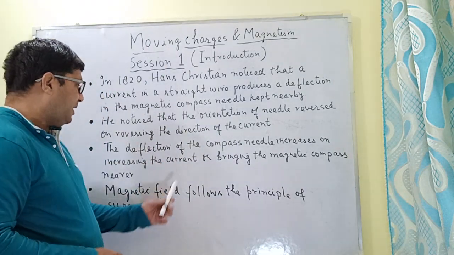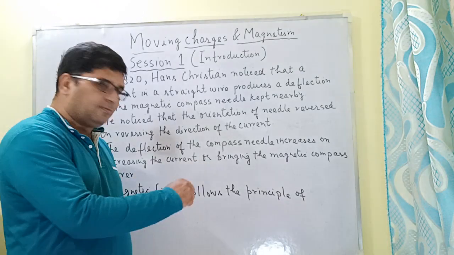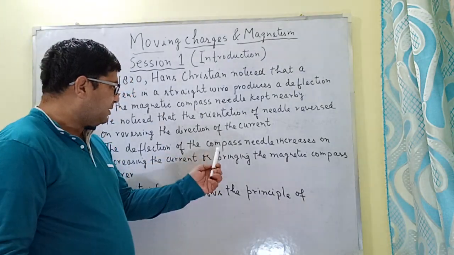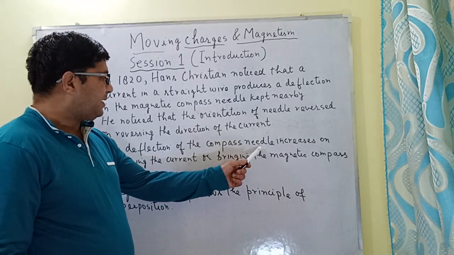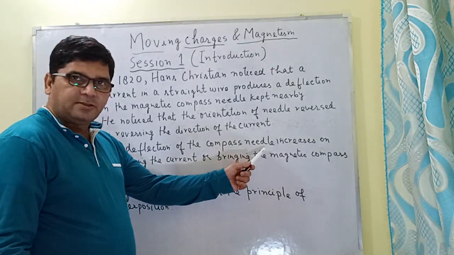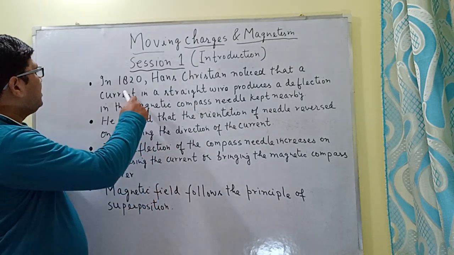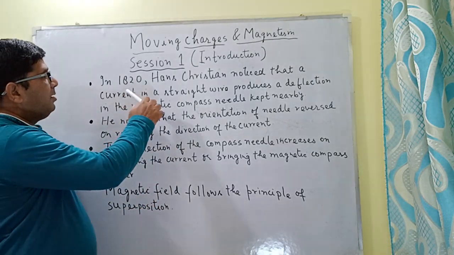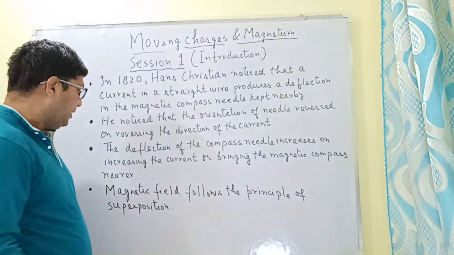And he also noticed that when the current in that straight wire was increased, then also the deflection of that magnetic compass needle increased. So these were the three important observations which he found in the year 1820.